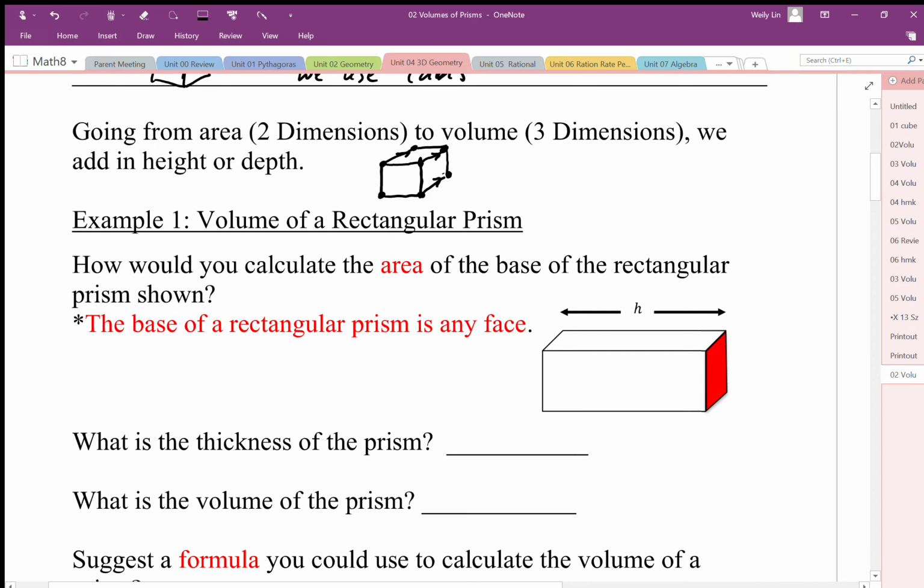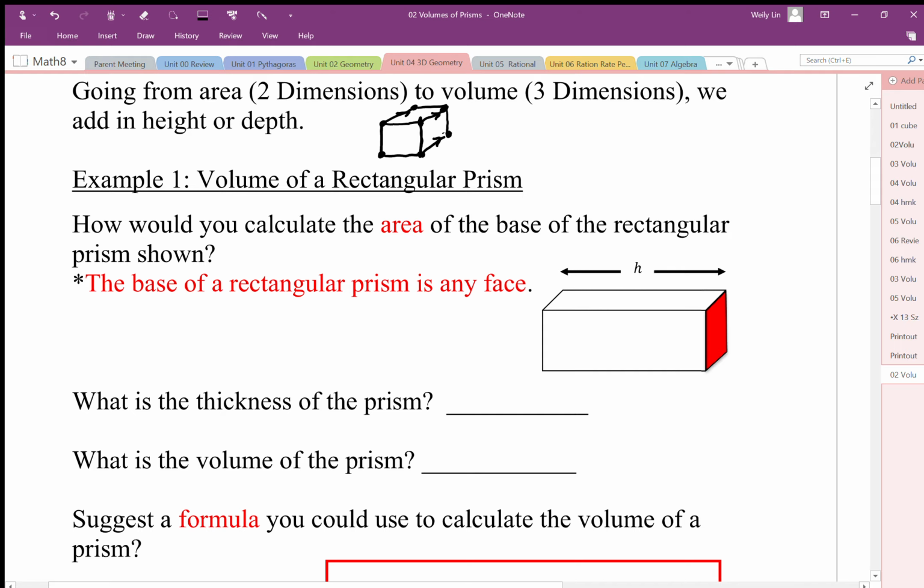So when we look at a rectangular prism, we want to generalize this rectangular prism. So there's no measurements on here. When we talk about the area of the base of a rectangular prism, although I've drawn this as a square, really we can just say it's length times width. So length times width gives us that red area.